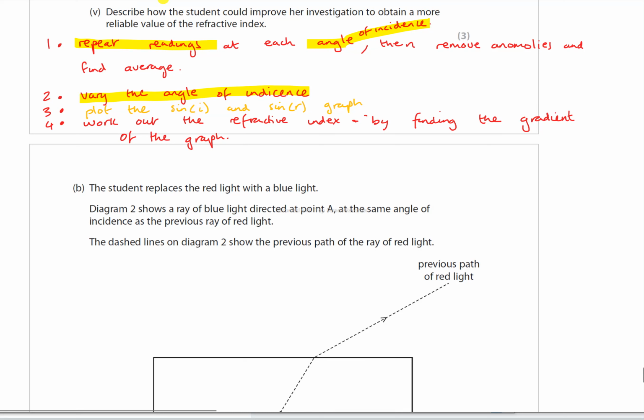Plot the graph of sine I and sine R, and then work out the refractive index by working out the gradient from this graph. That could be better written as: plot the sine I and sine R graph.